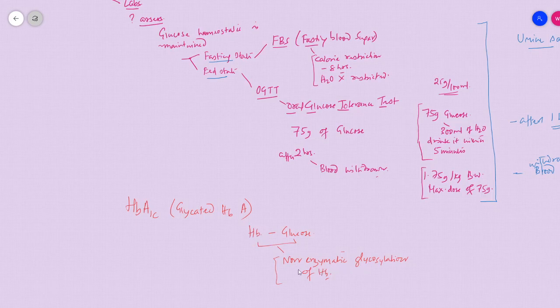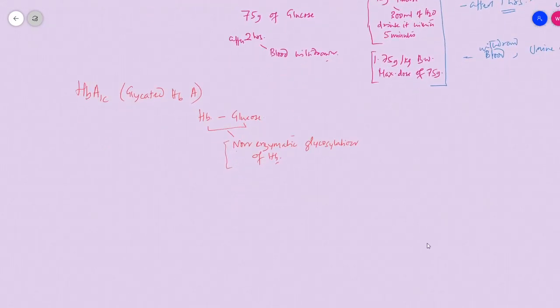That's what we call non-enzymatic glycosylation. The amount of glycosylation that happens is directly proportional to the time the hemoglobin is in contact with glucose. So what's the life of red blood cells? Red blood cells contain hemoglobin, and the life of a red blood cell is 120 days.